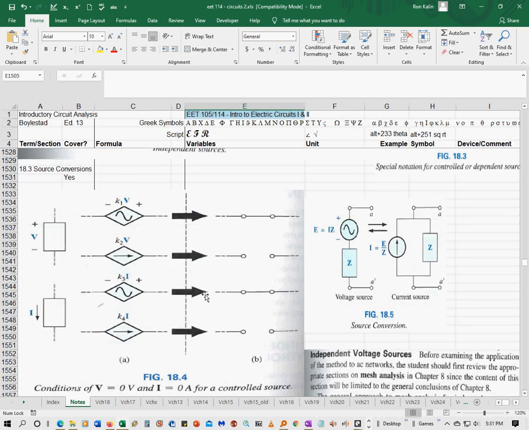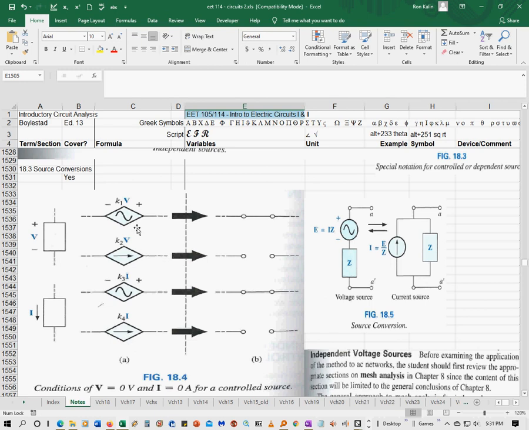So you can have four different kinds. You can have a voltage dependent voltage source, a voltage dependent current source, a current dependent voltage source, or a current dependent current source.